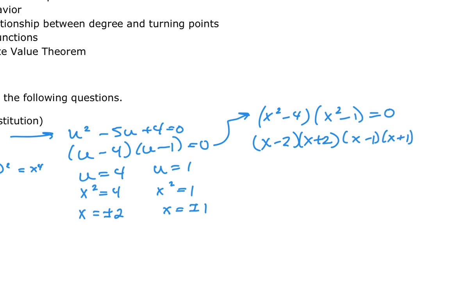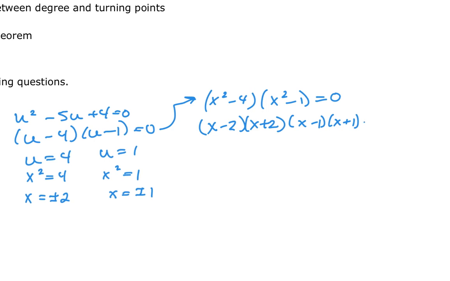So you can see I did it by factoring, and if I set each one of these factors equal to 0 and solve, I'm going to get the exact same values as I do here. Or I could set the factors equal to 0 and solve, and then do the back substitution. I put what I said U was back in, and then I solved for x. Either way is totally fine.